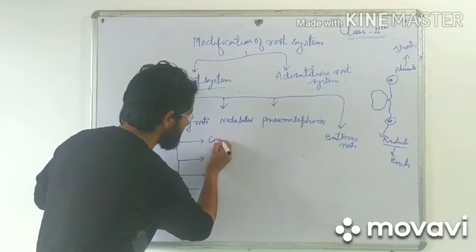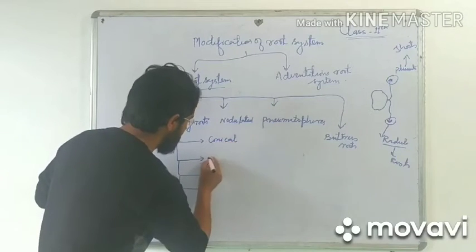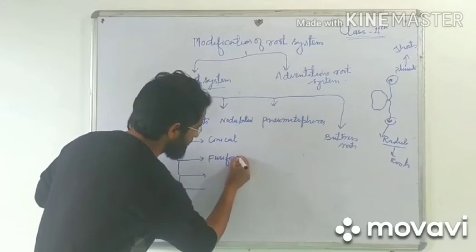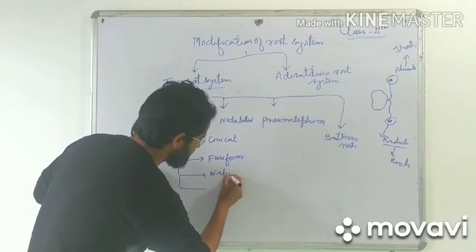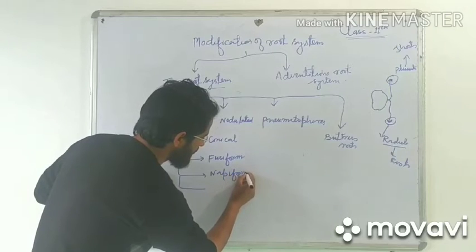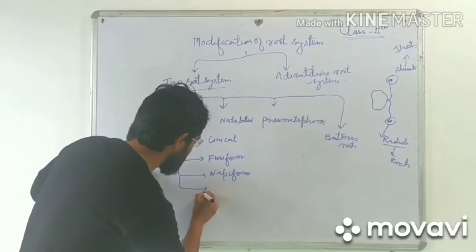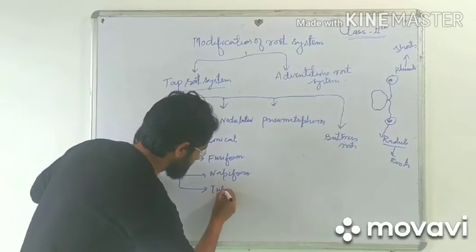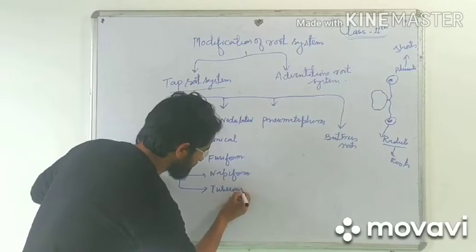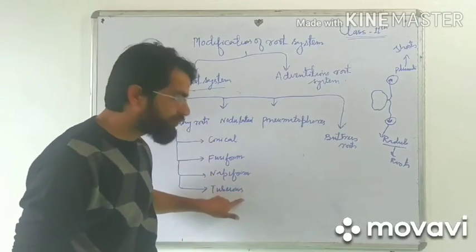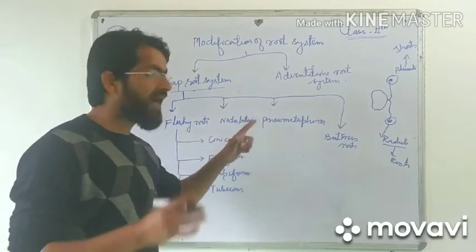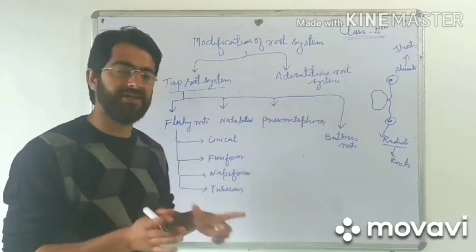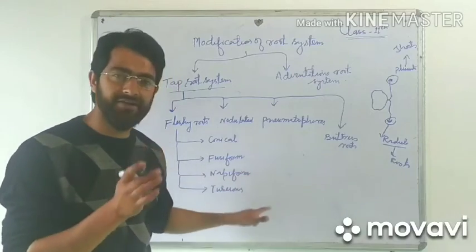First is conical, second is fusiform, third is napiform, and finally tuberous. These all four types are meant for storing food, but their outer appearance is different. That is why they get different names.